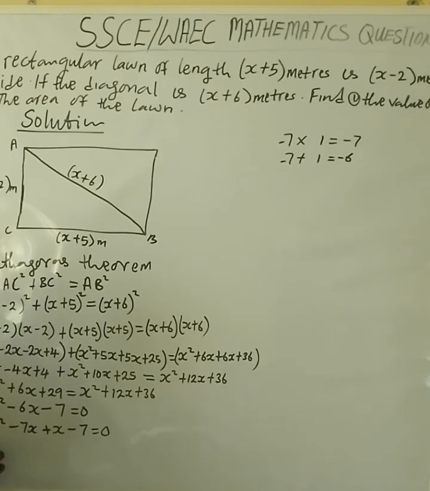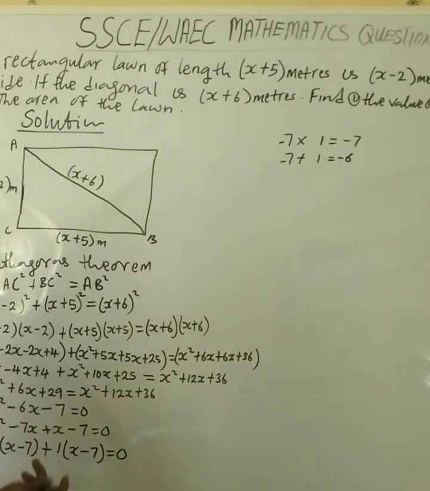Which is x. x into x squared, x into 7x, minus 7 plus common factor between x and 7, 1. 1 into x, x, and 1 times minus 7, minus 7, equals to 0. So when you are solving with the factorization method, once you have the same thing inside the bracket, it shows you are correct. Then you continue.